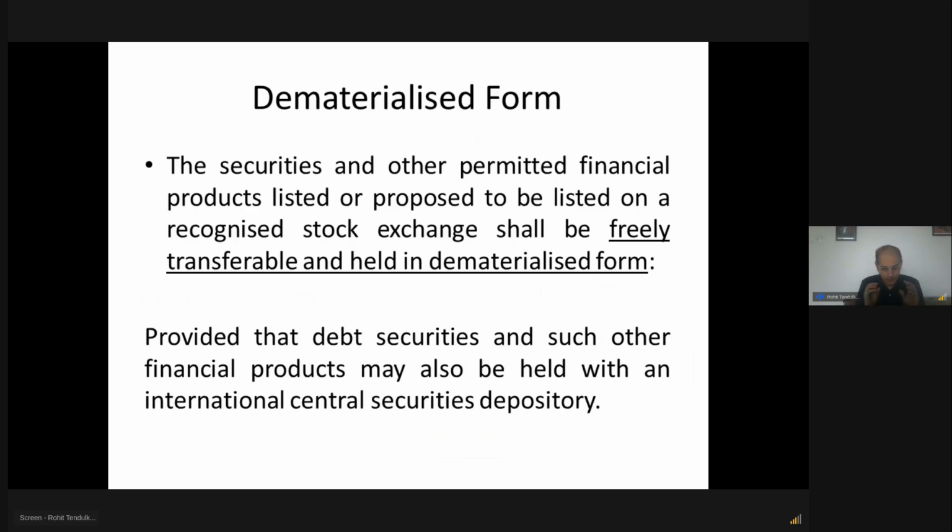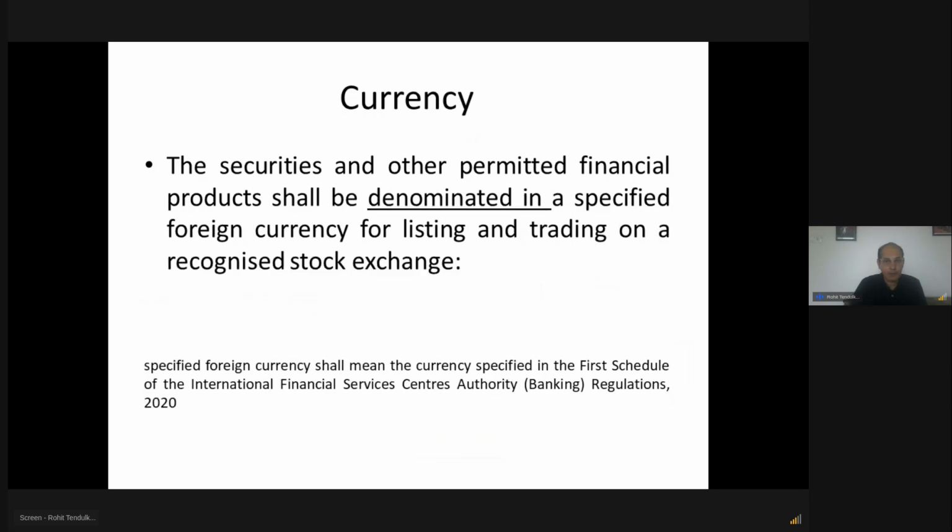Dematerialization form. The securities and other permitted financial products listed or proposed to be listed on a recognized stock exchange shall be freely transferable and held in dematerialized form only. Currency. The securities and other permitted financial products shall be denominated in specified currencies.